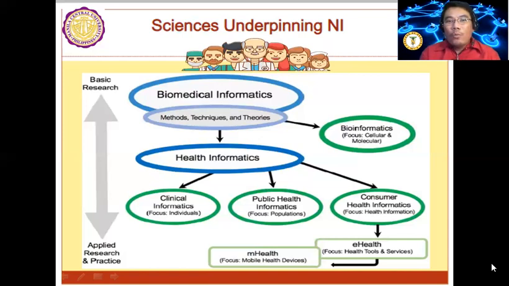Actually, when we talk about bioinformatics, from this diagram or from this framework, it considers the focus on the cellular and molecular.